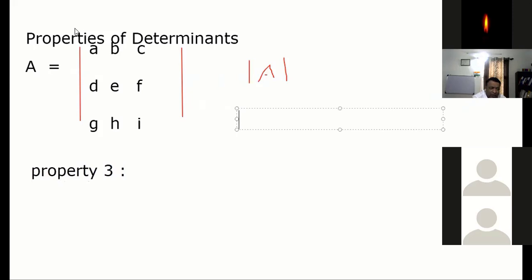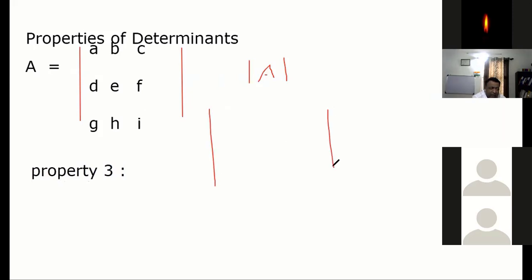Very interesting. Or you can say it the other way, even if you take a transpose, the value will not change. For example, for this determinant, say my value is something. Even if I change the determinant like this, the row becomes column, column becomes row, the value remains unchanged.